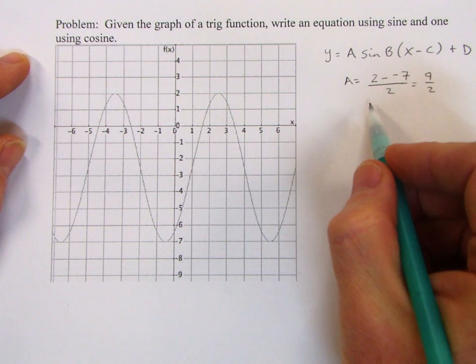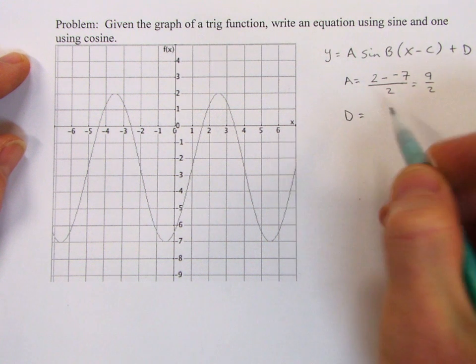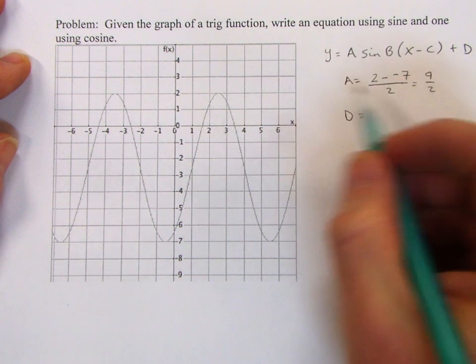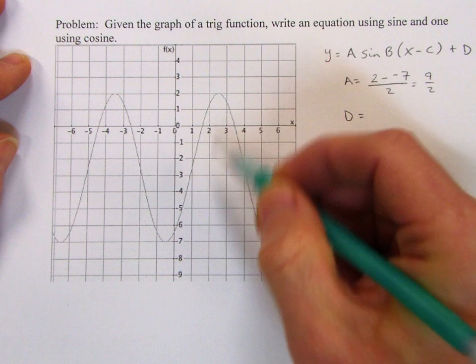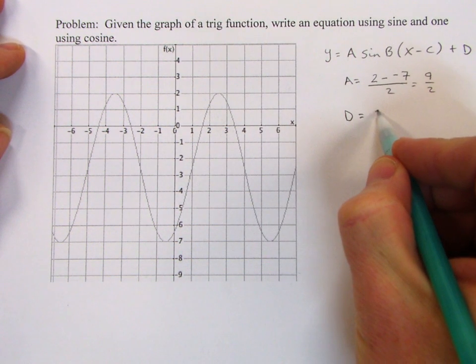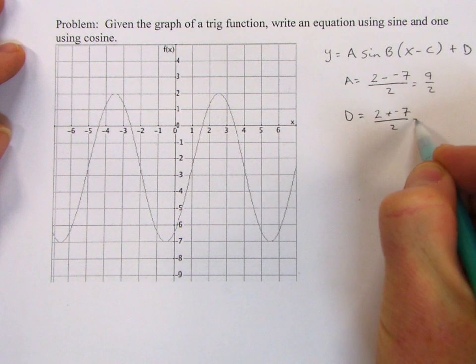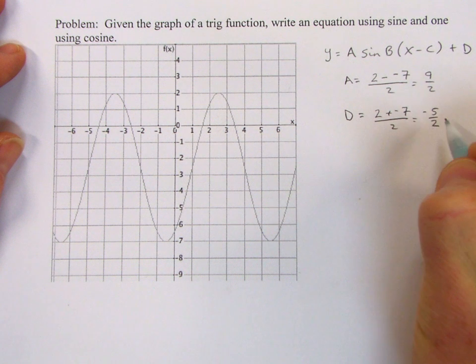At the same time, we could also find the d value. Remember, d is our vertical shift, and that's going to be the midpoint of the high and the low values. It's that middle line, and so it's going to be 2 plus -7 divided by 2, and that will give us -5/2.